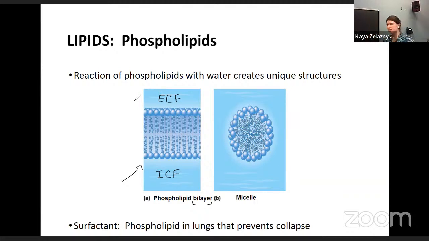When we're thinking about phospholipids, they arrange themselves so that the hydrophilic part that likes water is touching water, attracted to the water in the ECF and also to the water in the ICF, the cytoplasm. It's also important that these nonpolar fatty acid tails, the hydrophobic part, absolutely do not want to touch water.